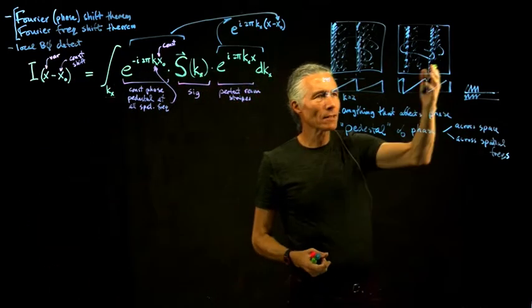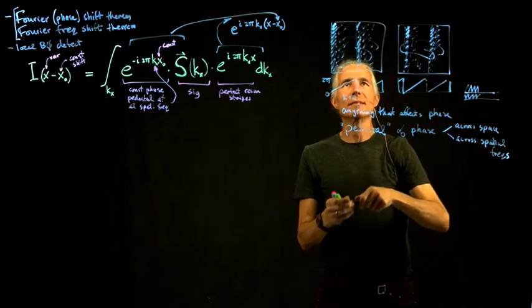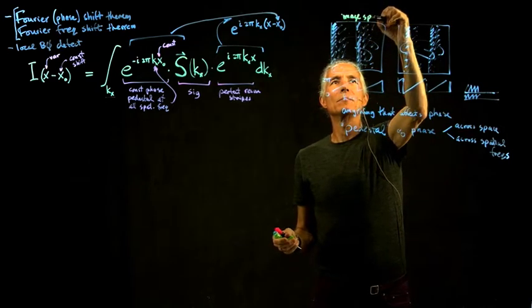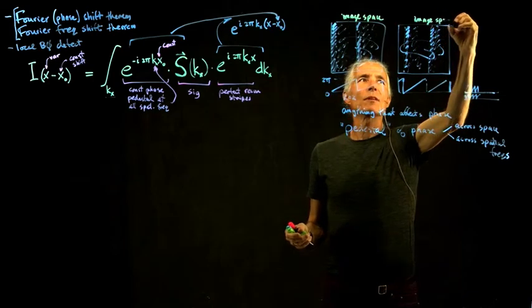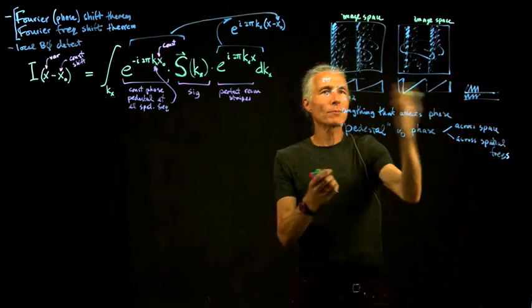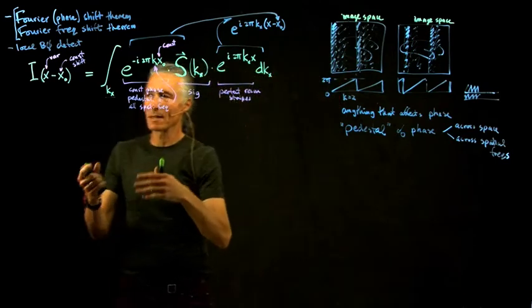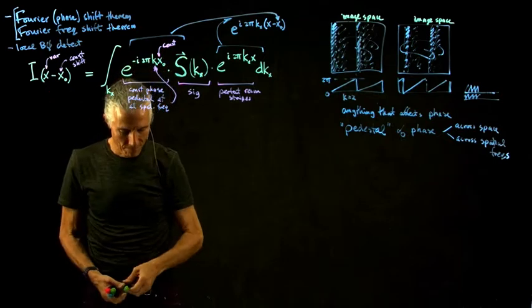And when you look at it this way, just in real space, so this isn't K-space, this is image space, you can see what's going on. You just move the stripes. So if you move the stripes over and then you reconstruct, it's not surprising that you caused a shift in the opposite direction.